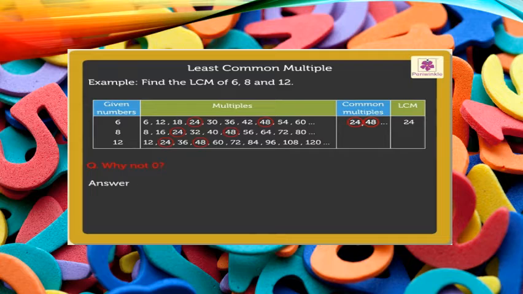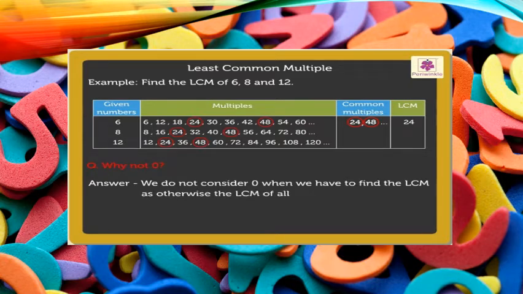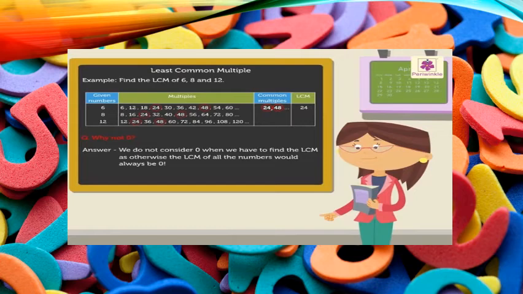That is because we do not consider 0 when we have to find the LCM, as otherwise the LCM of all the numbers would always be 0. Remember kids, it is important to learn the tables to find the multiples and the least common multiple.